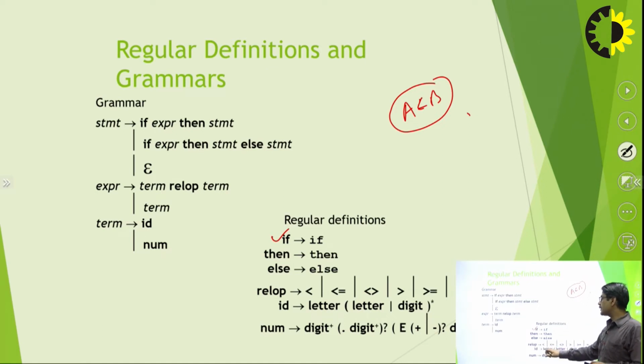Relational operator has different varieties like less than or equal to, less than, greater than or equal to. Similarly, ID contains these. So these regular definitions, or translation rules, are used to expand the particular terms given in this grammar. You have to compare this and put in whatever is used accordingly. So this is basically derived.